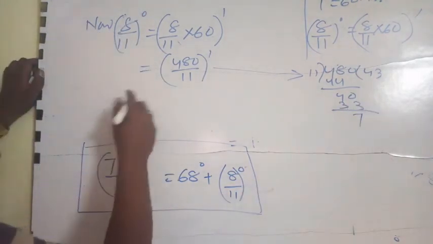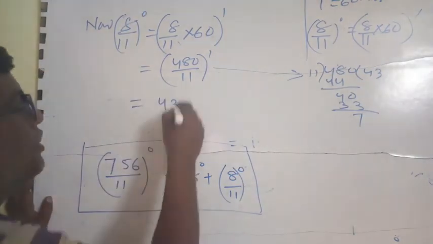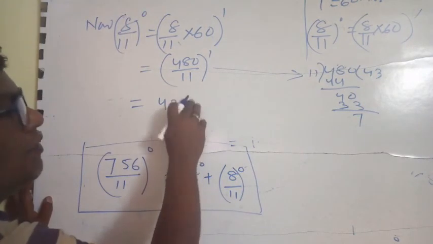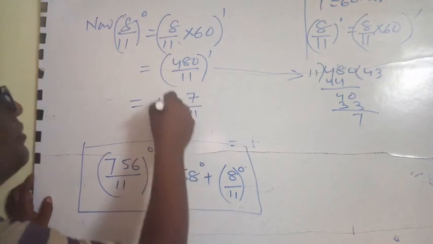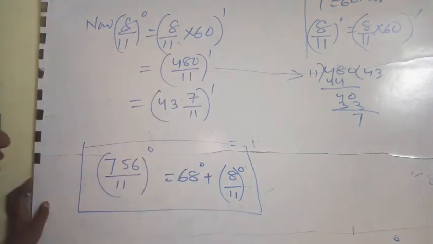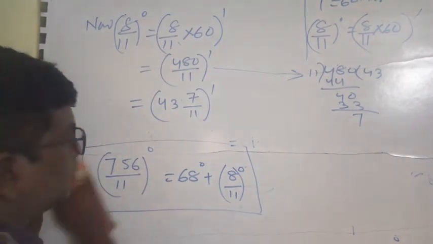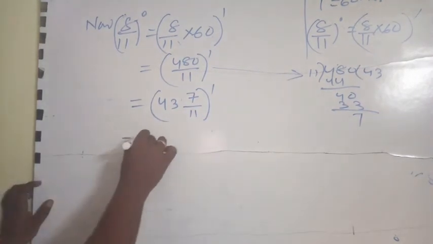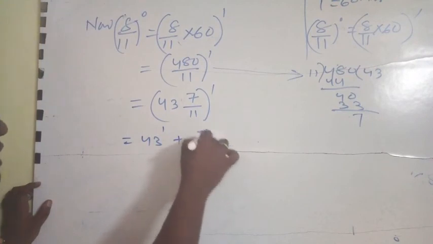So this can be 43 minutes, 7 by 11 minutes, or this can be written as 43 minutes plus 7 by 11 minutes.